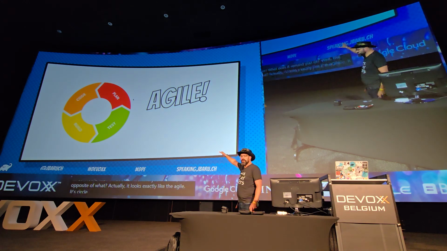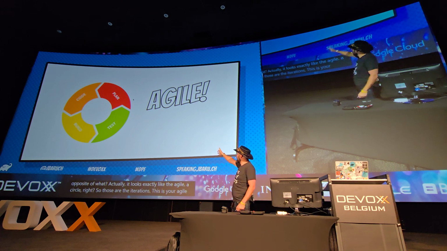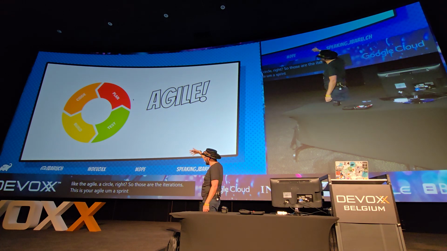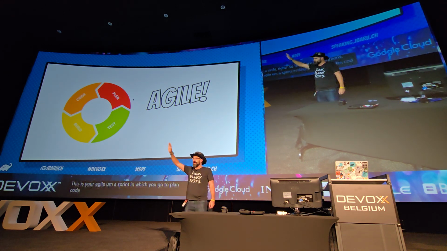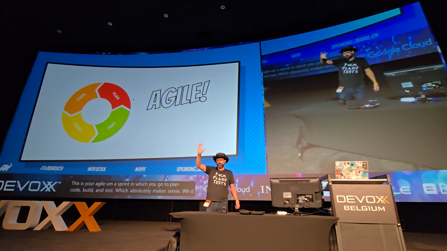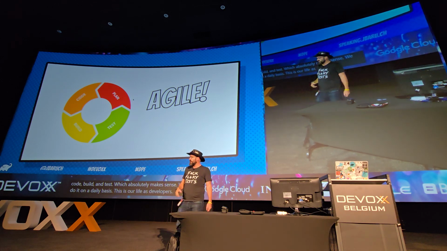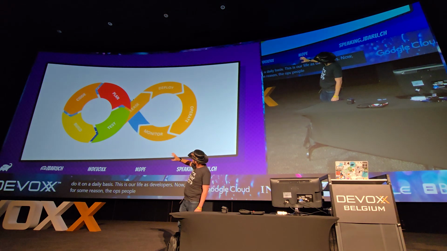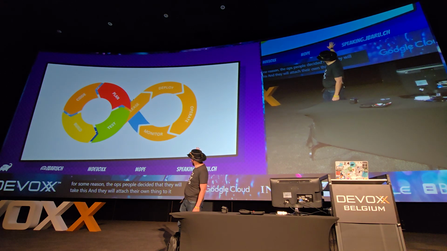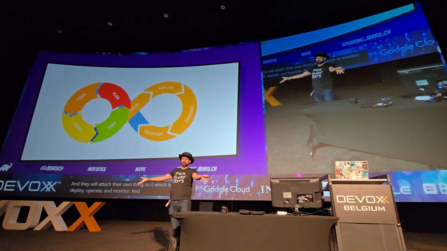So those are the iterations. This is your agile sprint in which you go to plan, code, build, and test, which absolutely makes sense. We do it on a daily basis. This is our life as developers. Now, for some reason, the ops people decided that they will take this and they will attach their own thing to it, which is release, deploy, operate, and monitor, and say, okay, this is your job now.